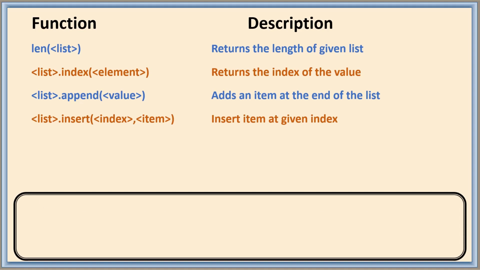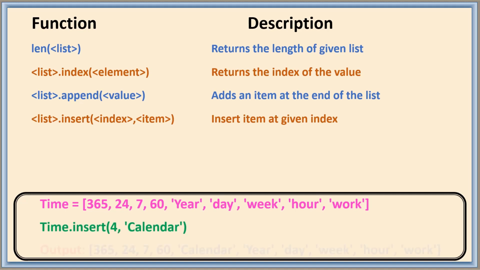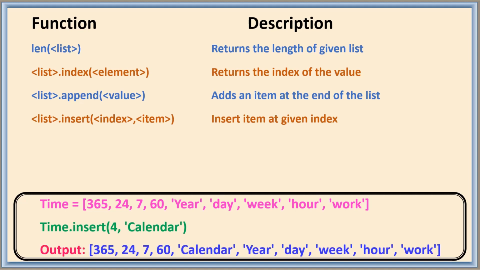So for example, if I want to insert an item called calendar between 60 and year, the index number of 60 is 3, so at the fourth index we need to insert. So I will give insert of 4 comma the item, that is calendar. So it will be inserted in between 60 and year.